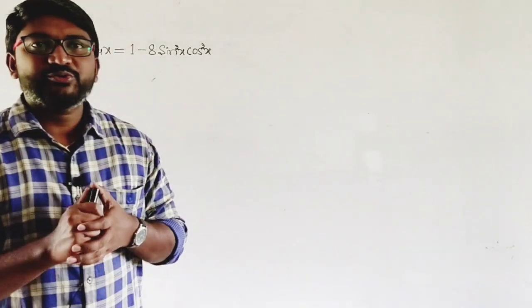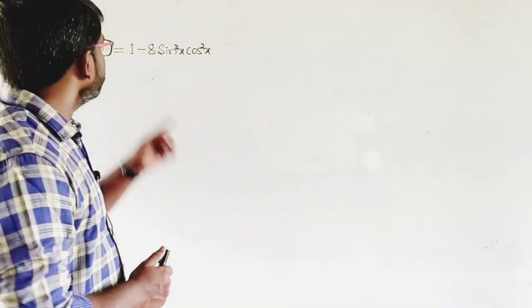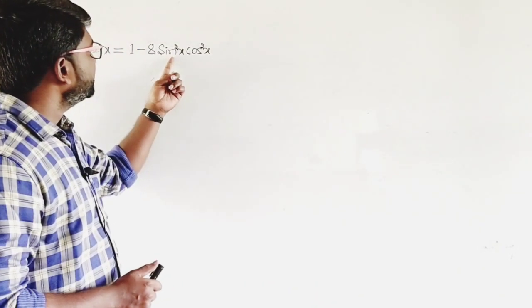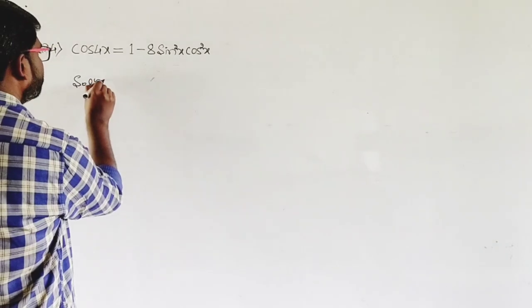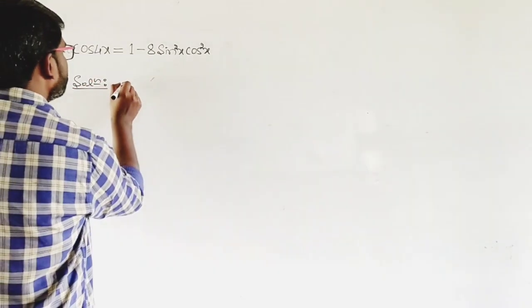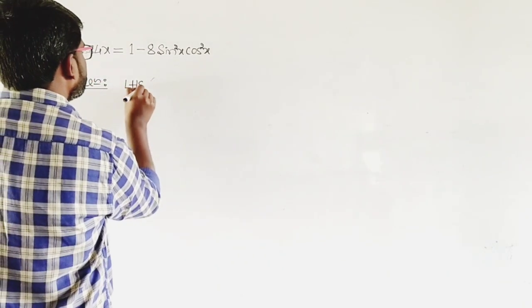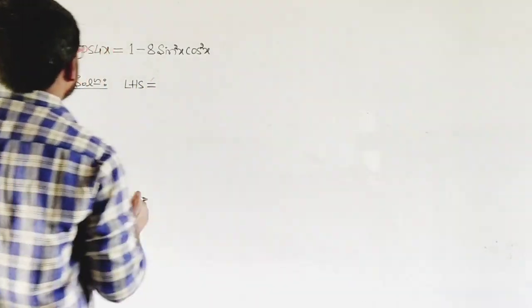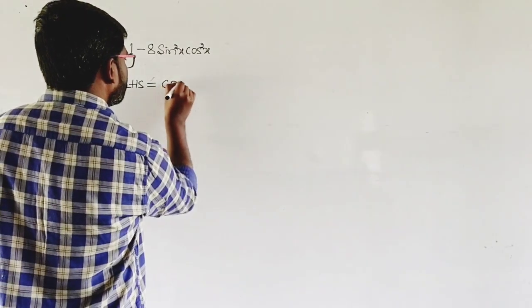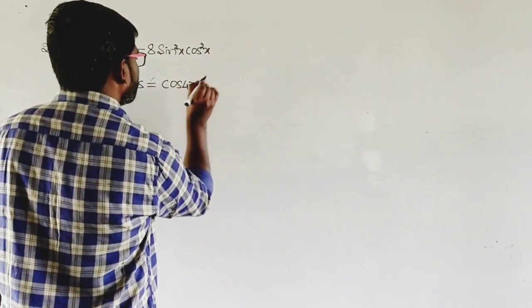Well, the 24th question: prove that cos 4x equals 1 minus 8 sin square x into cos square x. So let us take up the LHS, which is equals to cos 4x.